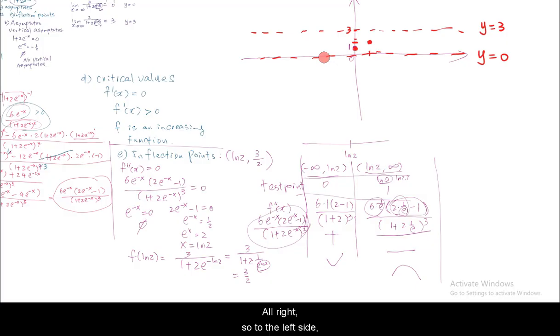So to the left side, it's concave upward without having a local maximum or local minimum. And to the right is concave downward. So our graph should look like this. All right. So that's the sketch of our graph.